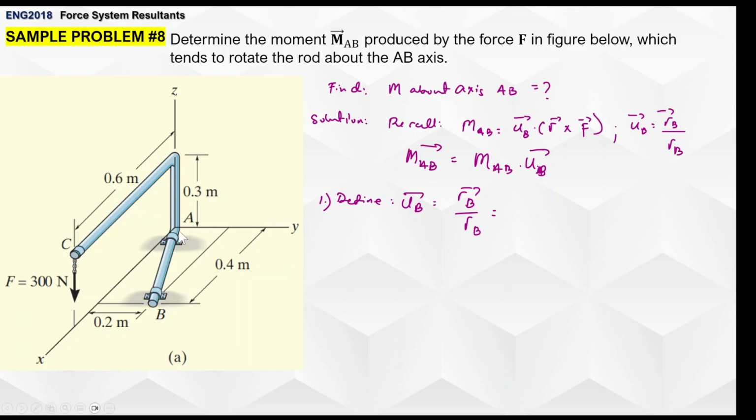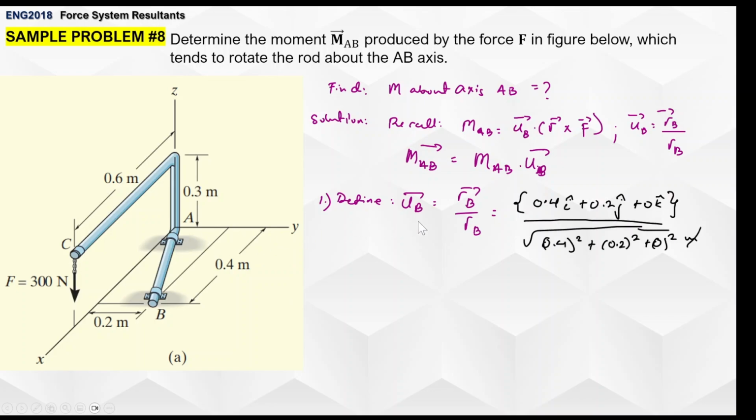Okay, that's easy enough. And of course, the magnitude will be the square root of 0.4 squared plus 0.2 squared, and we'll leave it as a unitless unit. This would be the expanded form, 0.8944 i hat plus 0.4472 j hat. The unit vector is again unitless.